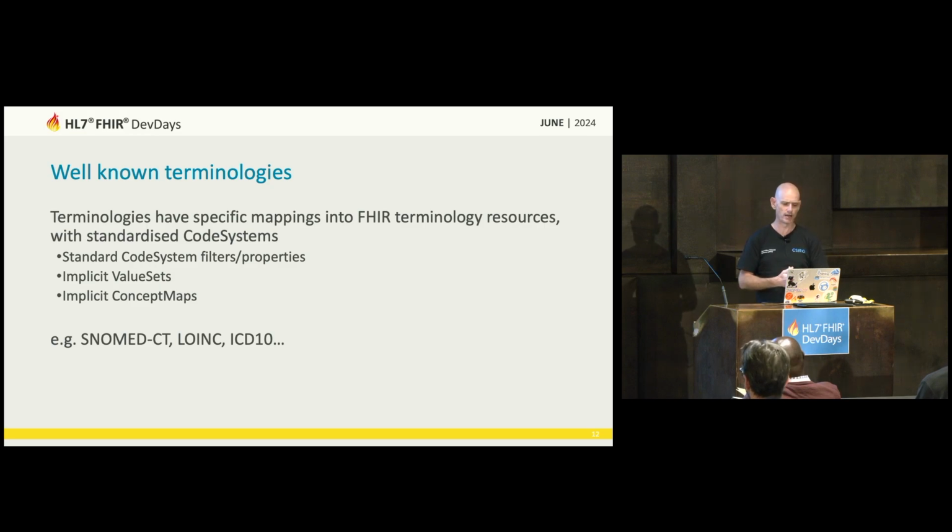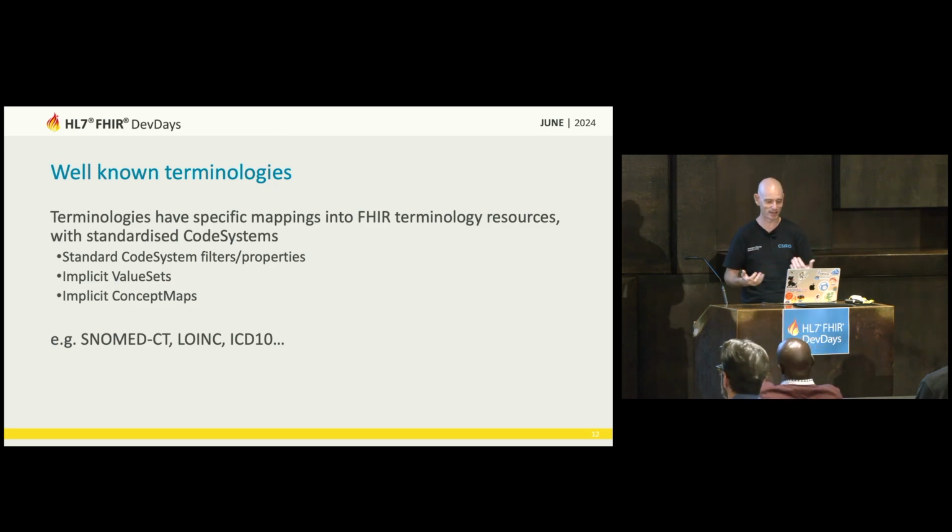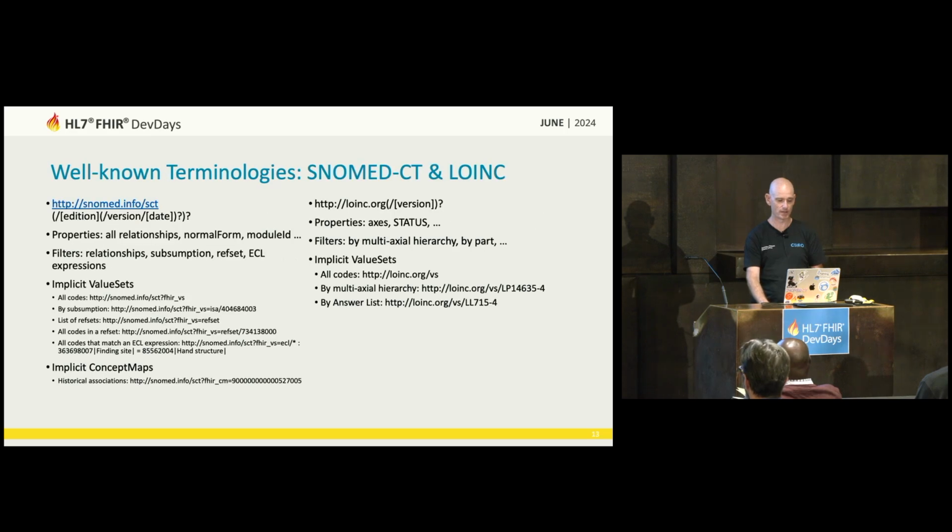They will come up with standardized code systems which include all of the metadata but none of the content of these code systems because they're too big and can't be represented that way. But it also defines all the things like the filters and properties that exist for them, and things like implicit value sets and implicit concept maps, which are a pretty powerful concept.